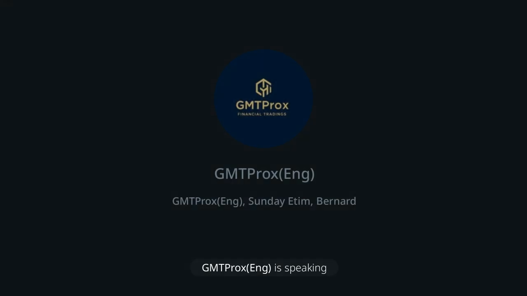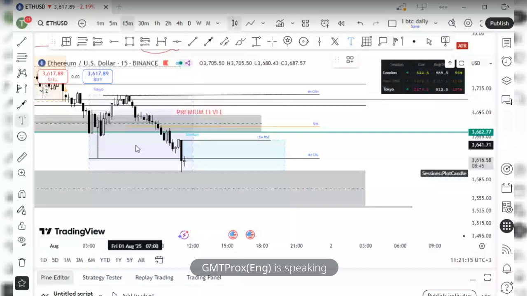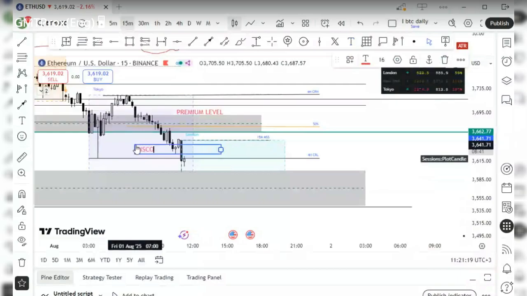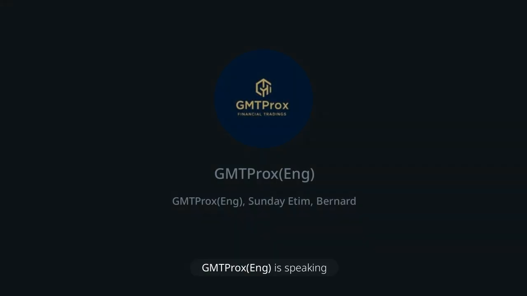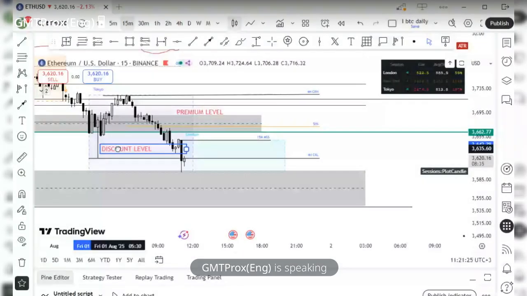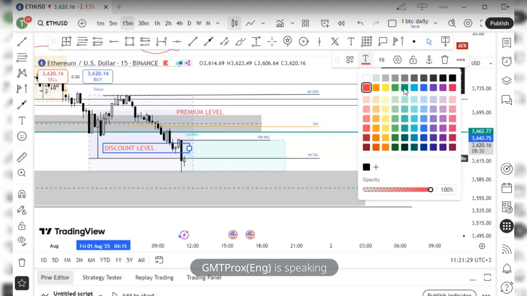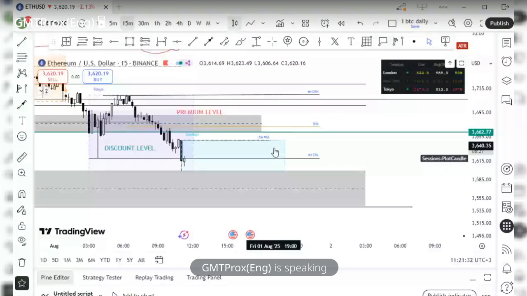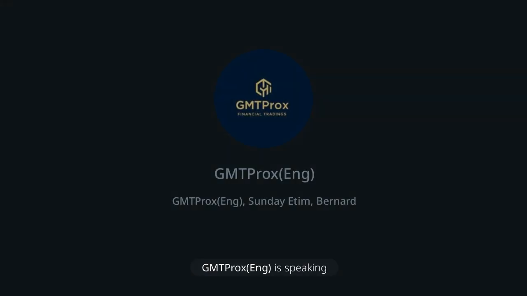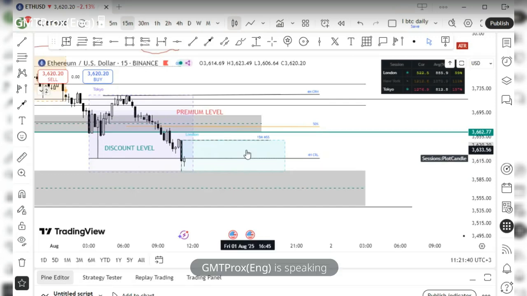So now this is our discount level. Now we are looking for an order block or fair value gap nearest or below our discount level.